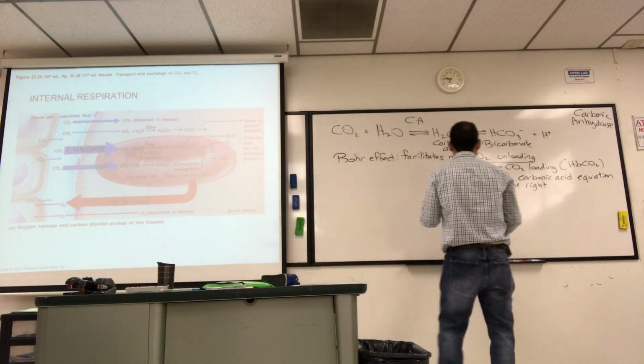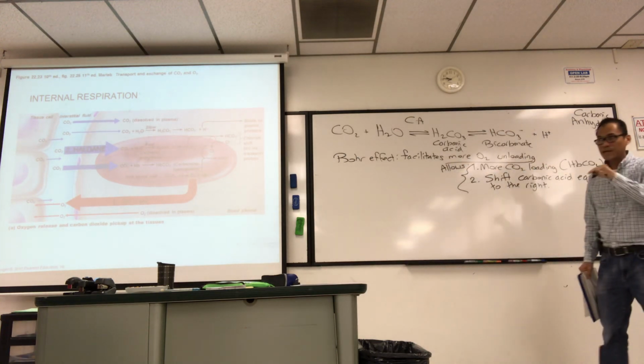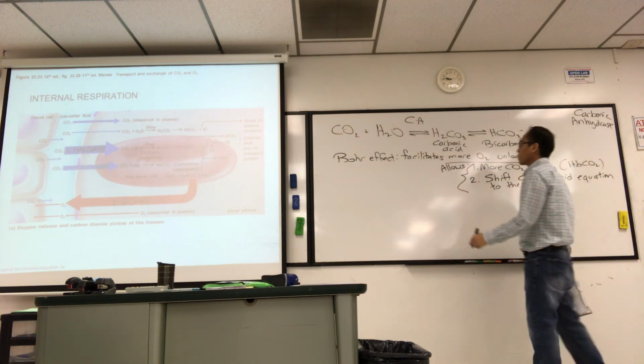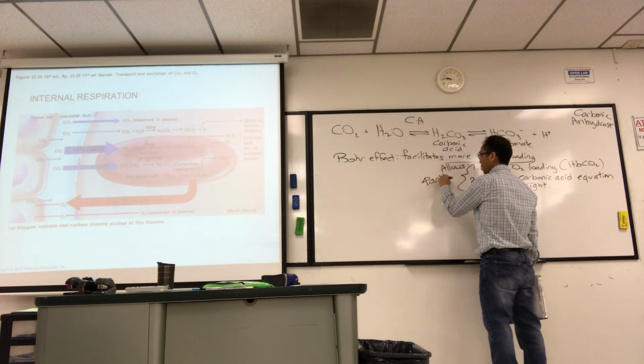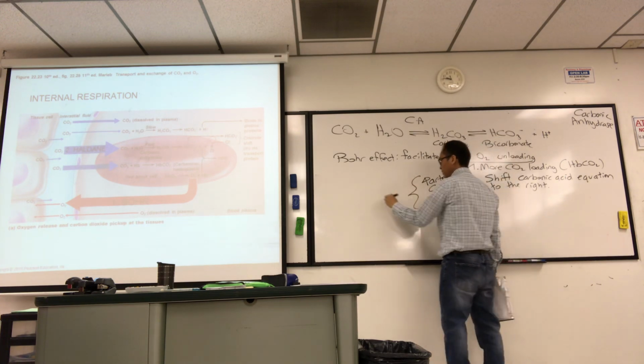So with number 1 and number 2, what you're doing is you're getting more CO2 into the blood. Increase arterial CO2 content. Of course, the name for that is Haldane effect.